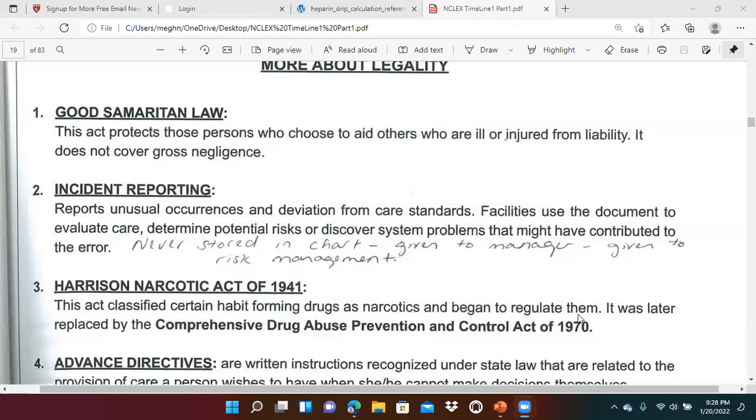So this law basically deals with some medication that is not safe for the patient or that can cause addiction. It was later replaced by the Comprehensive Drug Abuse Prevention and Control Act of 1970.